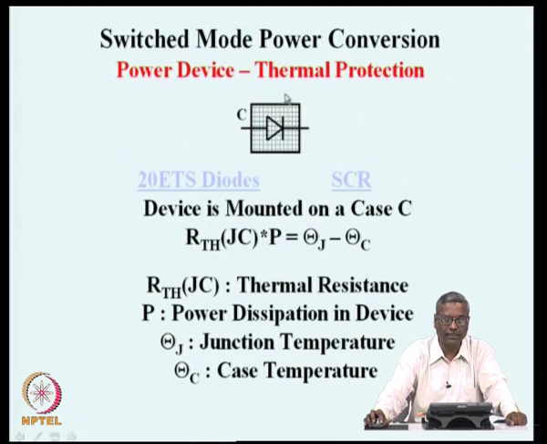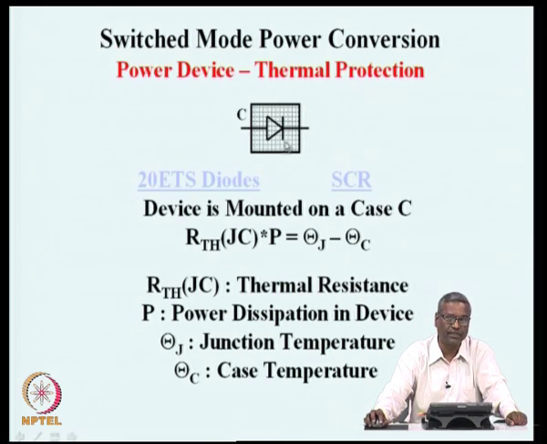So, in all these cases, there is a large amount of power dissipation taking place in the device. The power dissipation is not large when compared to the power that is delivered to the load, but it is large in itself compared to the mass of the device, compared to the size of the device.